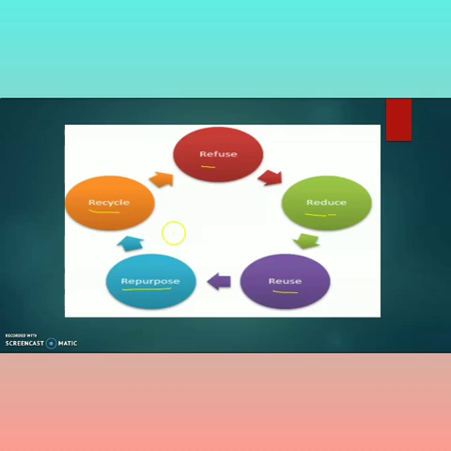If we follow these 5R, we can save our environment from the harmful effects of plastics. So these 5R are very important for minimizing the harmful effects of plastics.